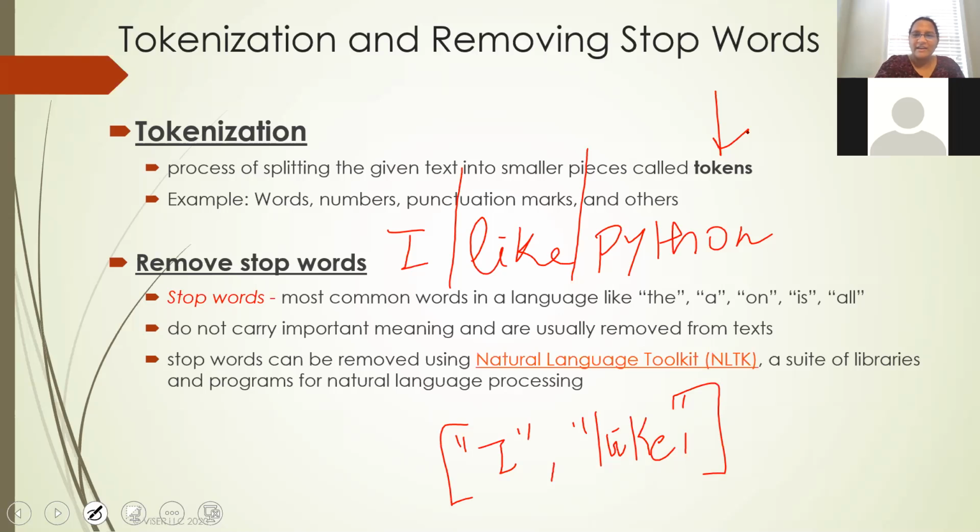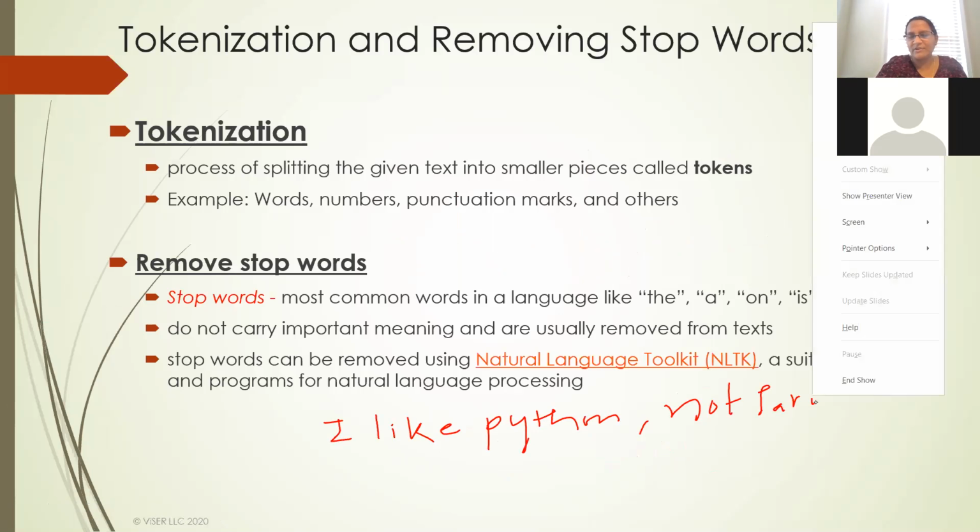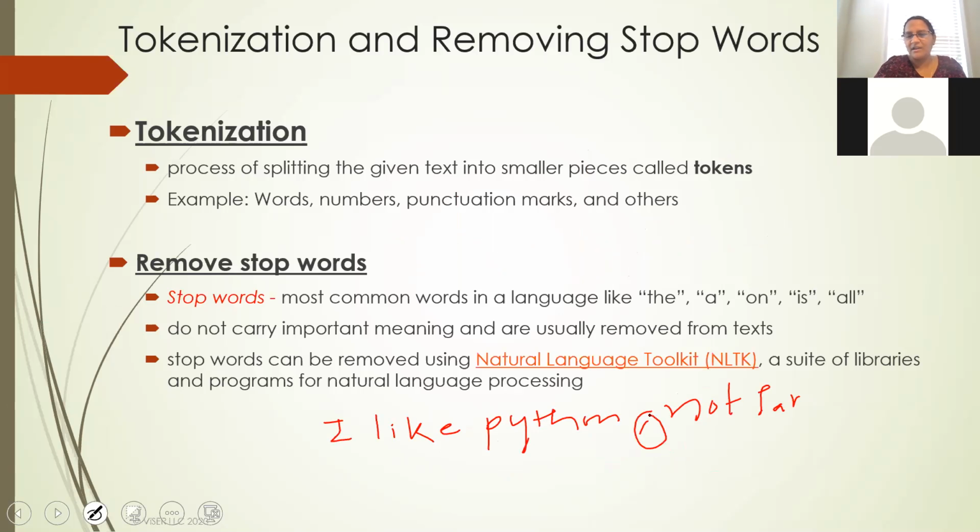So if I say, I like Python, comma, not Java, what will my tokenization process do?